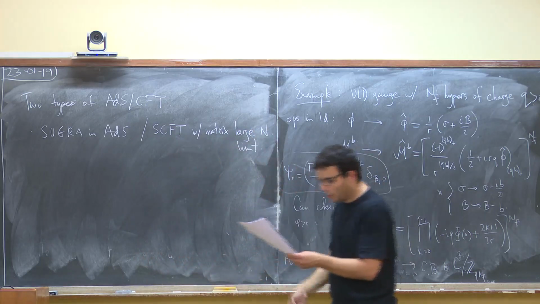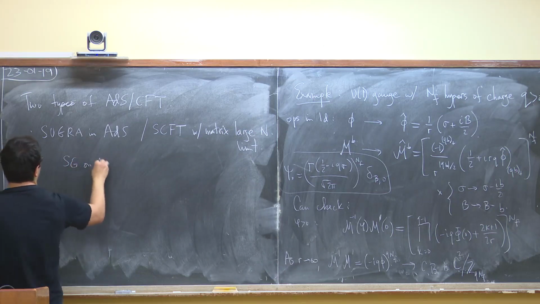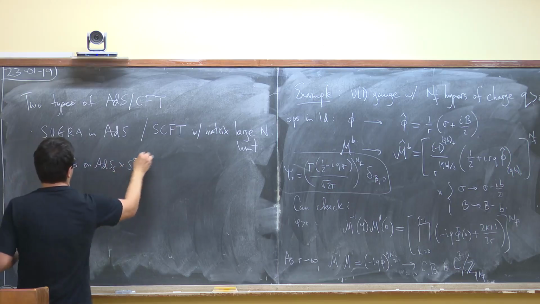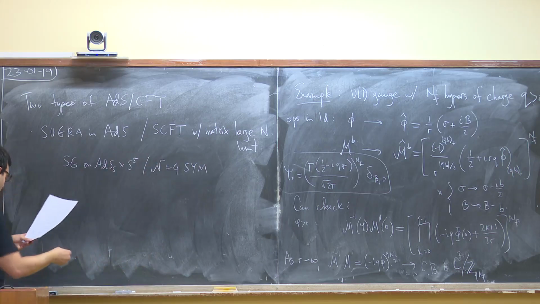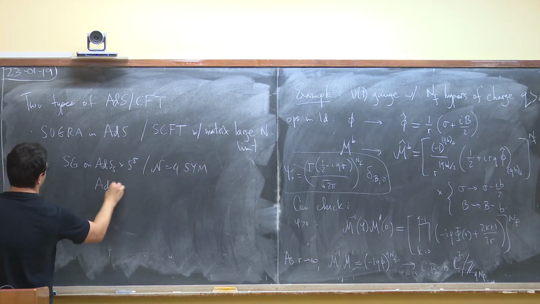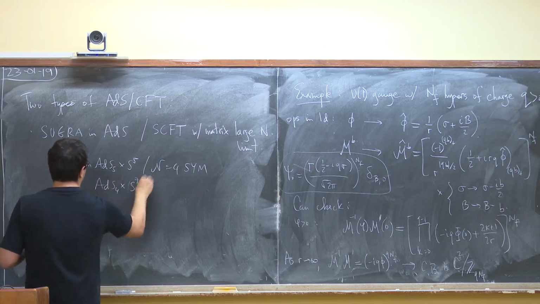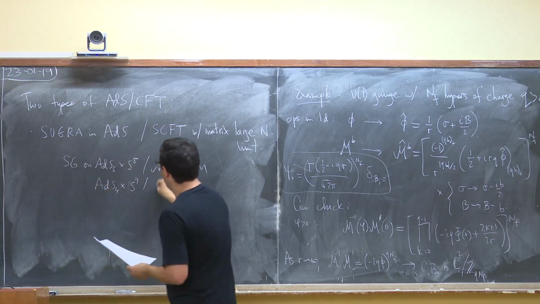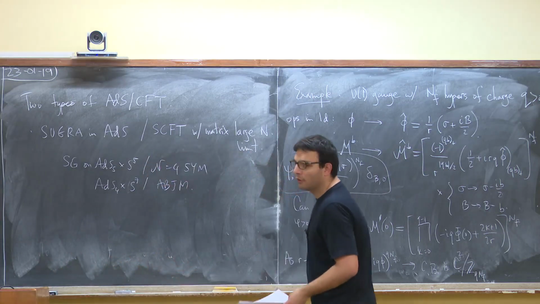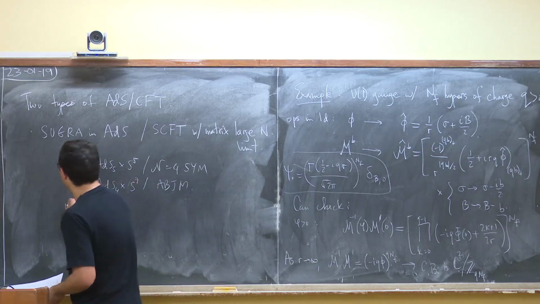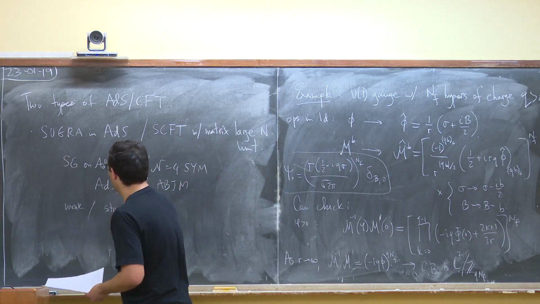like the duality between supergravity on AdS5 times S5 and N equal 4 super Yang-Mills at large N and large 't Hooft coupling, or the duality between M-theory on AdS4 times S7 and ABJM theory. And in these, the theory is weakly coupled on the left and strongly coupled on the right.